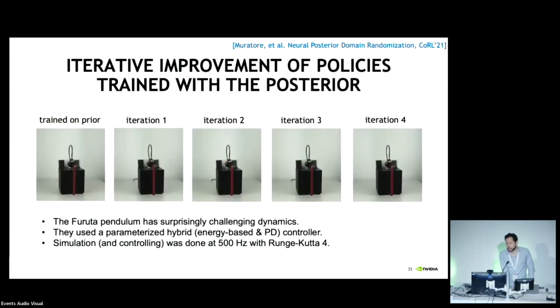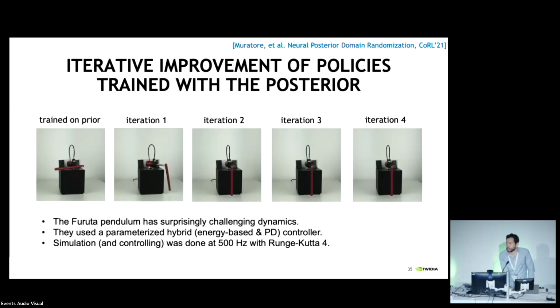These kinds of ideas were used by Fabio Muratori in this paper he presented here last year, where you are looking at this pendulum. This is trained on the prior, so not that great.